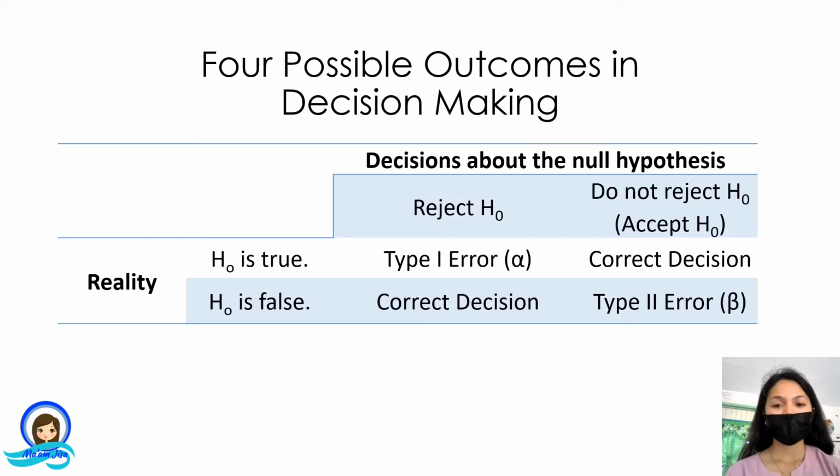In statistics, we measure that chance of committing the error, so we will have a basis in making a decision. Not only that decision making is important in hypothesis, but also in real life. So my dear students, have you committed type 1 error, type 2 error, or you made a correct decision?